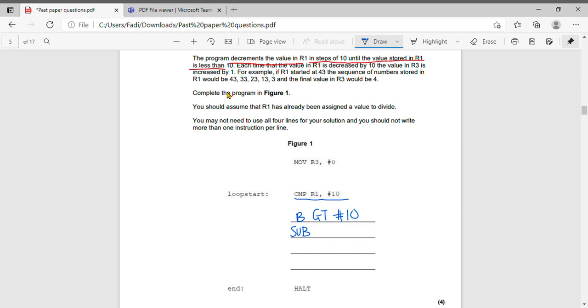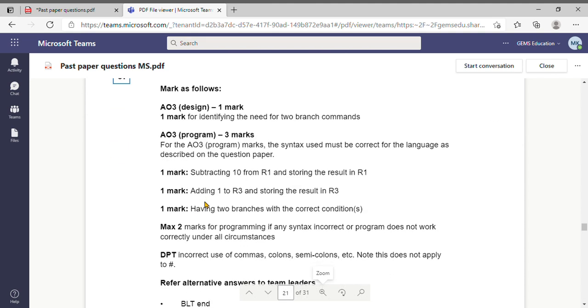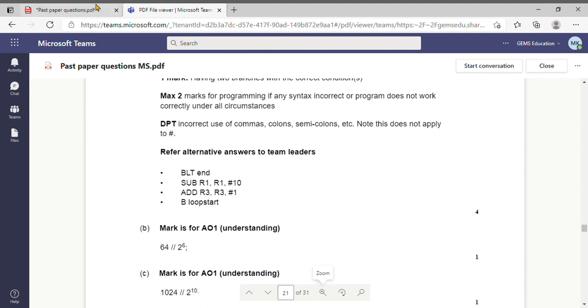So we're gonna use SUB. So R1 by number 10, and R3, number 1. For example, okay. Yeah, I think that's it. Let's see if we got most of it right. The loop start.